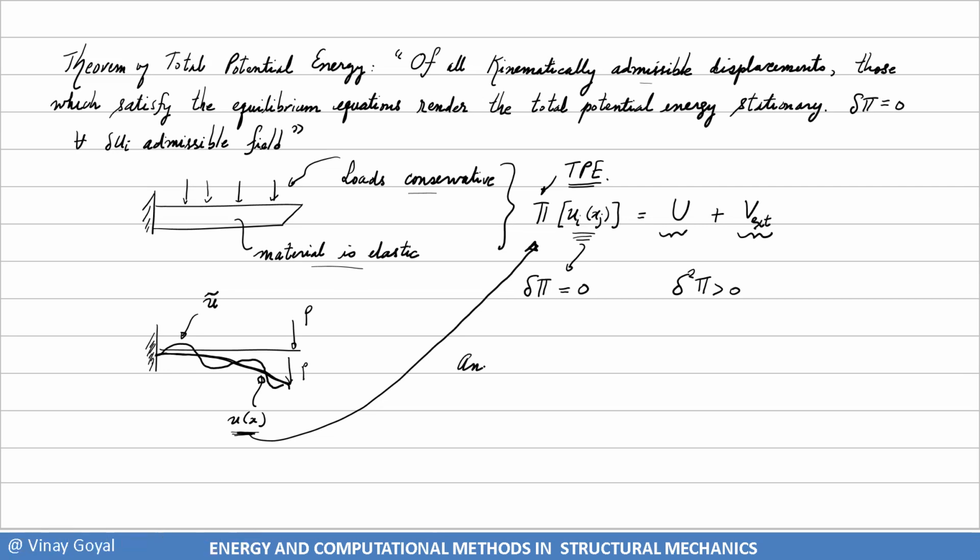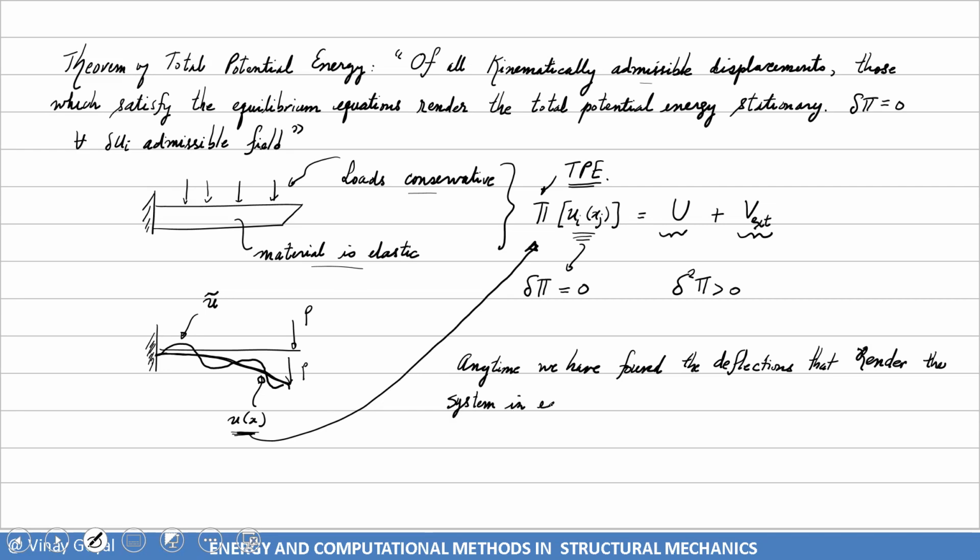So anytime we have found the deflections that render the system in equilibrium, pi will have achieved a minimum.